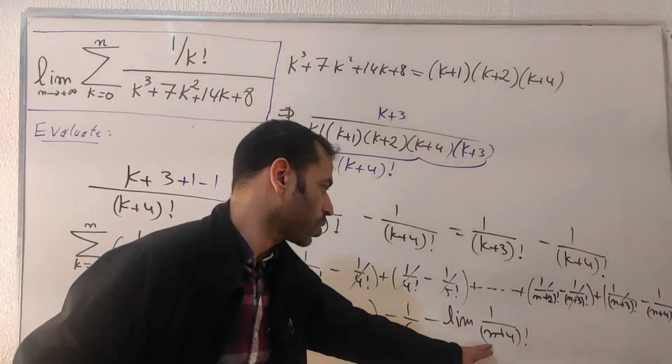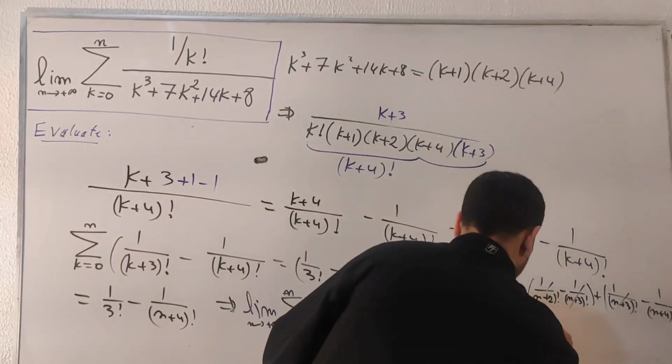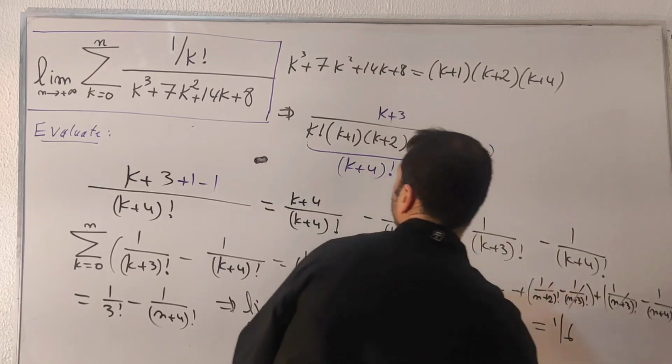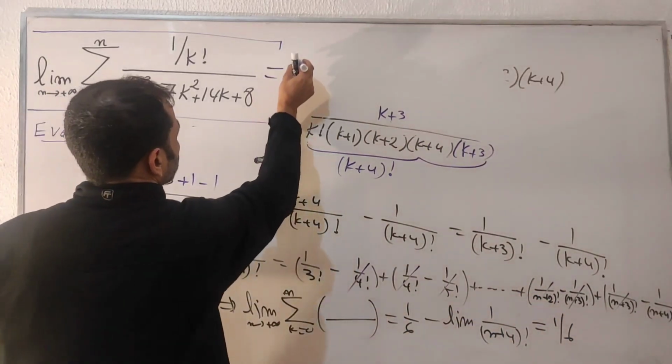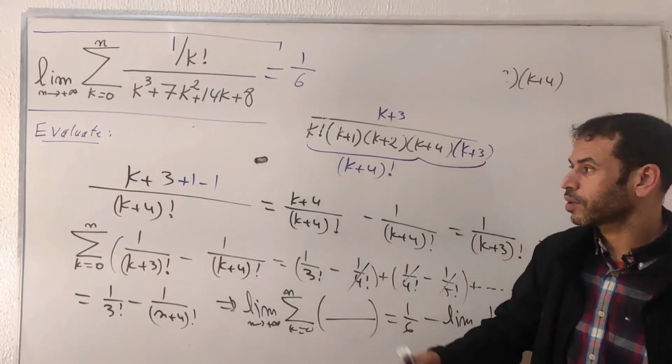When n goes towards infinity, this gets 0. So I am left with 1 over 6. So this sum equals 1 over 6. Okay, so I have done this problem.